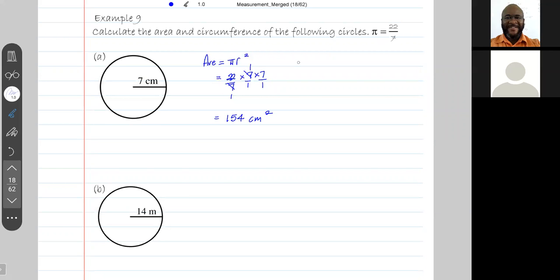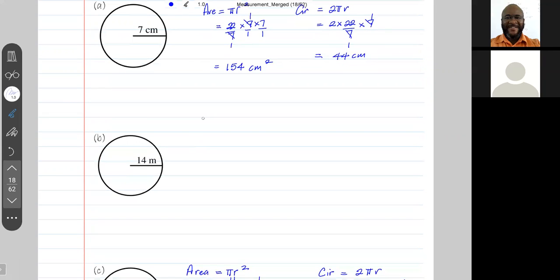The circumference, which is sort of like the perimeter, is 2 pi r. So it's 2 times 22 over 7 times r, which is 7. So this is 2 times 22, which is 44 centimeters.